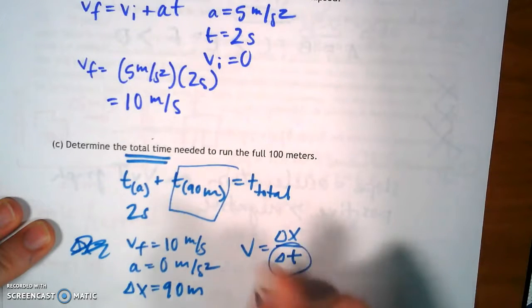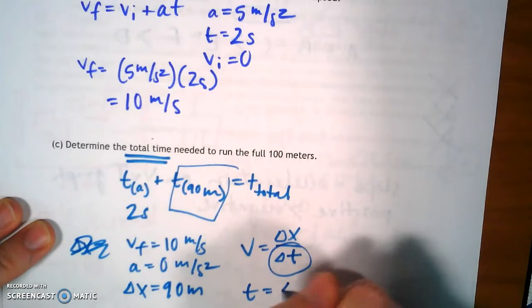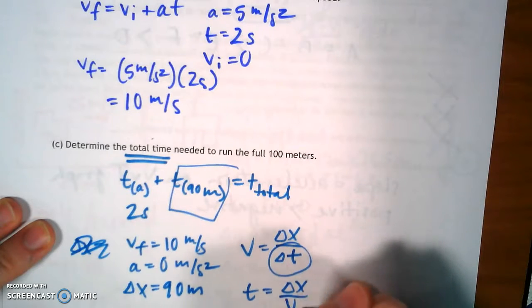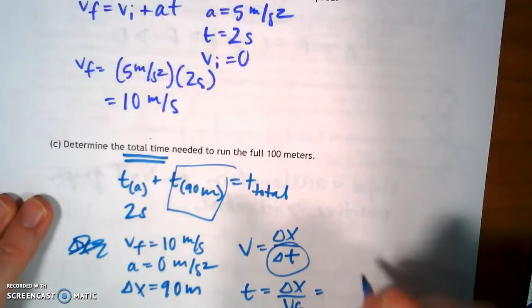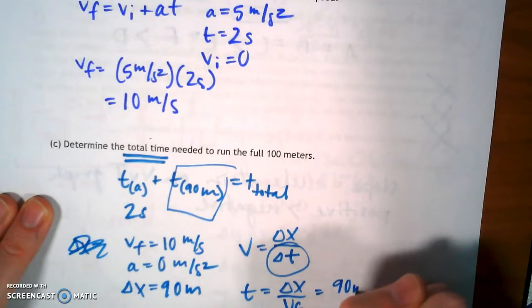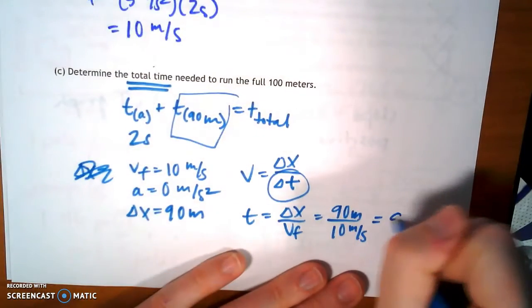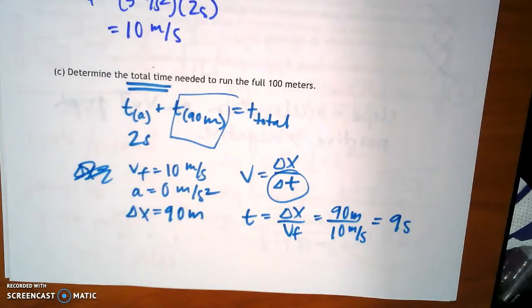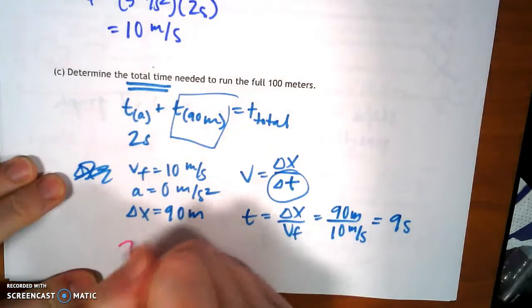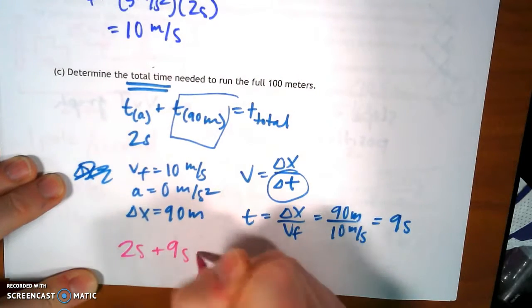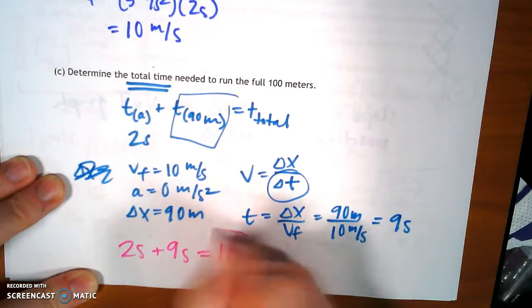And I want to solve for time. So time in this case is equal to my displacement divided by my velocity, which is going to be 90 meters divided by 10. Whoop, off the screen, apologies. So that's going to be 9 seconds, but I need my total time. So I've got 2 seconds plus 9 seconds equals 11 seconds total.